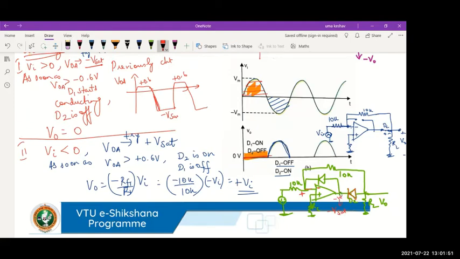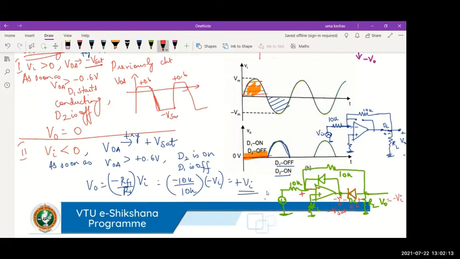But as soon as the output voltage here exceeds minus 0.6 volts, we have 0.6 voltage drop across this diode. So as soon as that voltage is exceeded, this diode is conducting and output will follow the input but with a negative sign. Output will now be equal to minus of Vi.